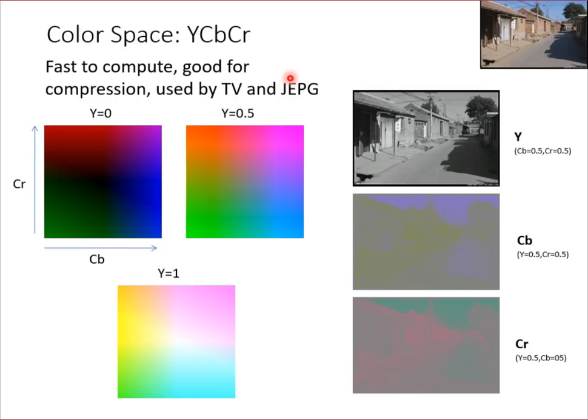In particular for TV, when the TV set or TV channel was just established, it was very expensive to deliver those signals from the TV station to users' homes. So they wanted to reduce data as much as possible.